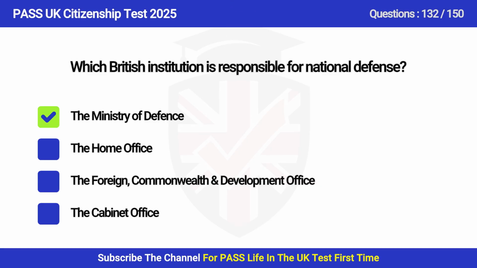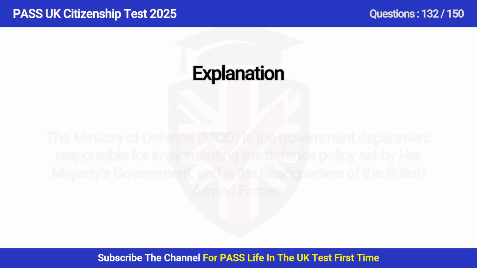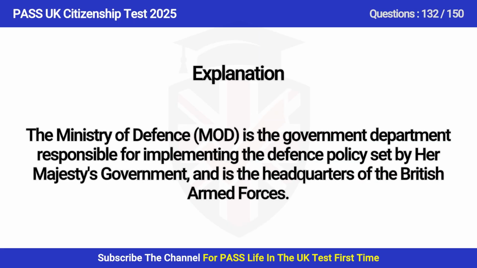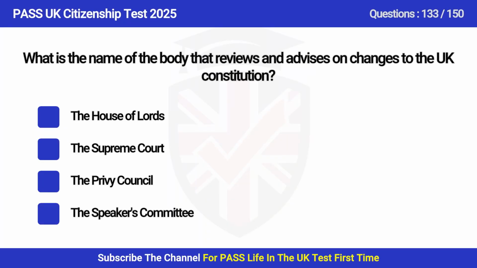Answer is A. The Ministry of Defence. The Ministry of Defence (MOD) is the government department responsible for implementing the defence policy set by Her Majesty's government, and is the headquarters of the British Armed Forces. Question 133. What is the name of the body that reviews and advises on changes to the Constitution?